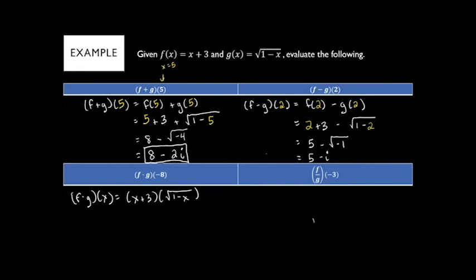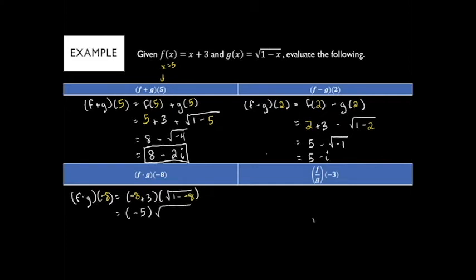That was just those two functions multiplied together. And so here our x is negative 8. So I'm going to replace all of these x's with negative 8, and then follow the order of operations on the right side. So negative 8 plus 3 is negative 5.